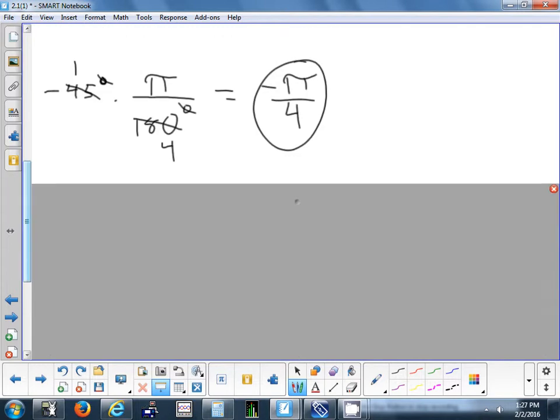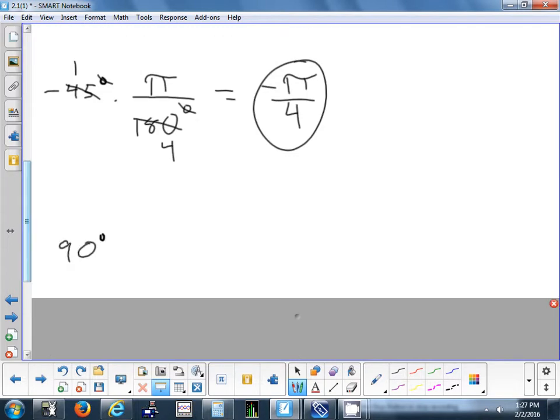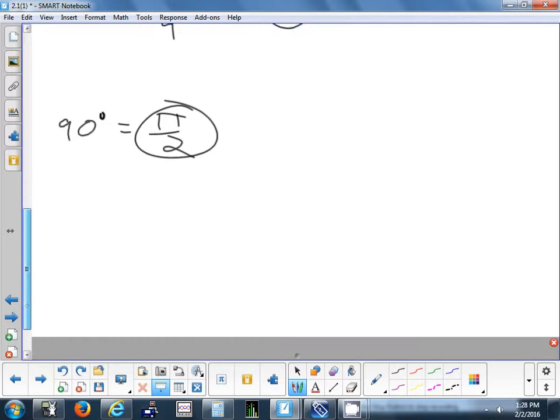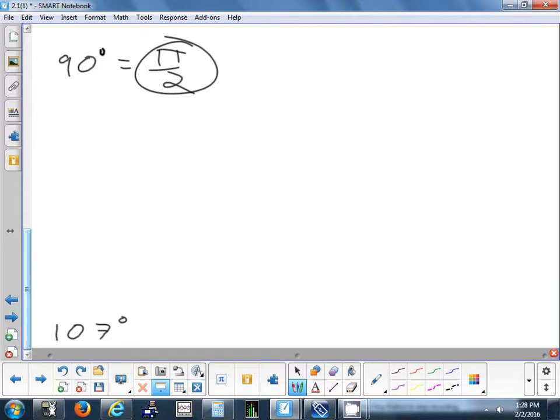All right, this one I think I'm going to skip over. If you wanted to do it out, you would get pi over 2. So if you want to check that or practice it, studying for the tests, that's fine. But let's try one where we have to round. Let's try this one, 107.